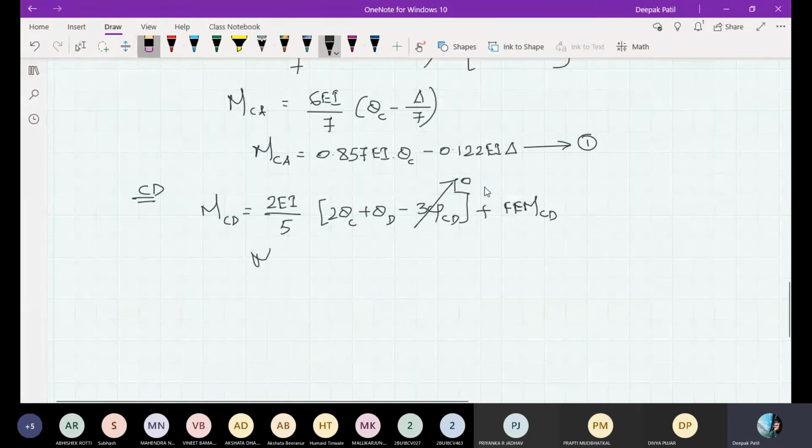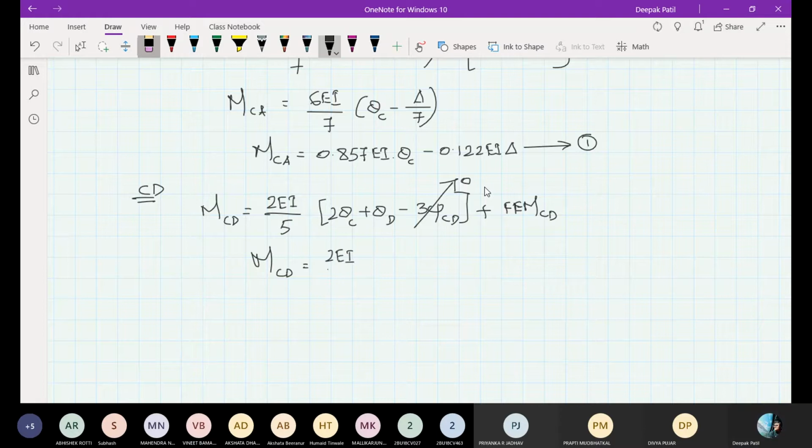So MCD is equal to 2EI over 5 into 2 times theta C plus 1 time theta D, and the fixed moment CD we already calculated, which is 83.3. Let me call this equation 2.